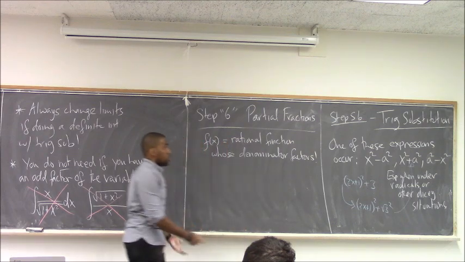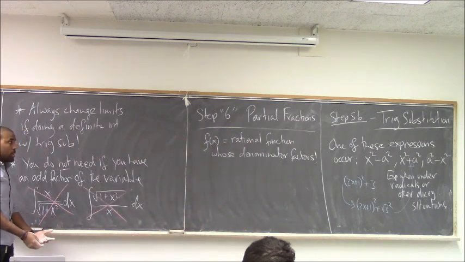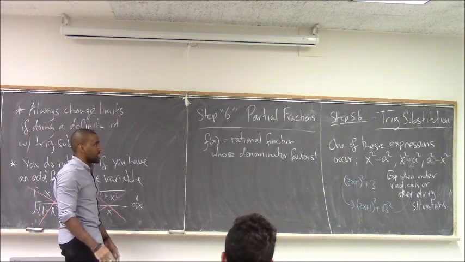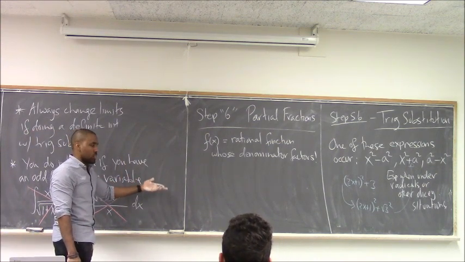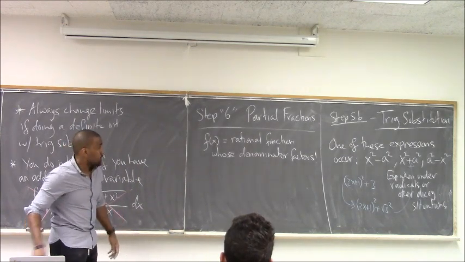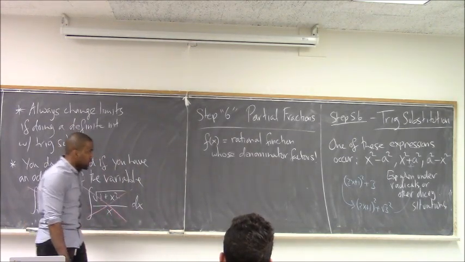Right? So do you have a rational function, meaning a ratio of two polynomials, and the denominator factors? You probably try to do partial fractions. And again, that's assuming that a regular substitution or simplification is not going to work out for you. So we're still assuming that you went through steps 1 through 3.